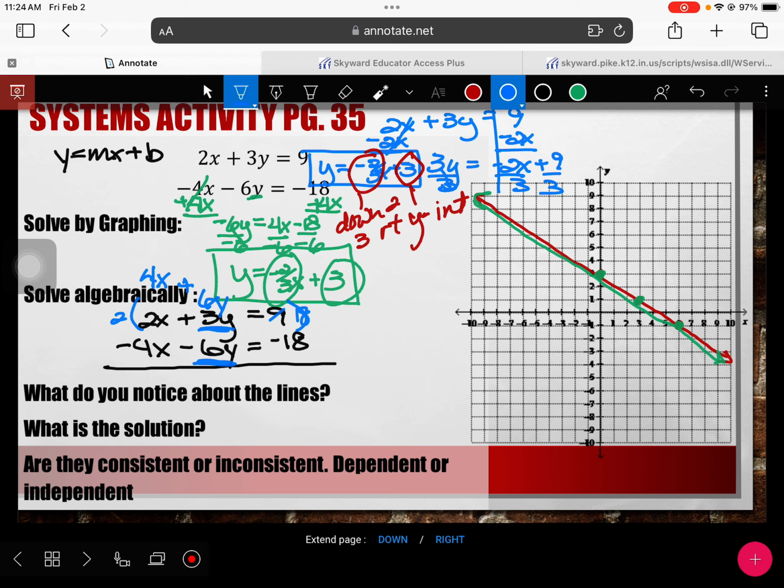So when I add them together, 4x and negative 4x gives me 0. 6y and negative 6y give me 0. And 18 plus negative 18 is 0. So 0 equals 0? Is that true? Yes. So what does that mean when you have the same number equals itself?